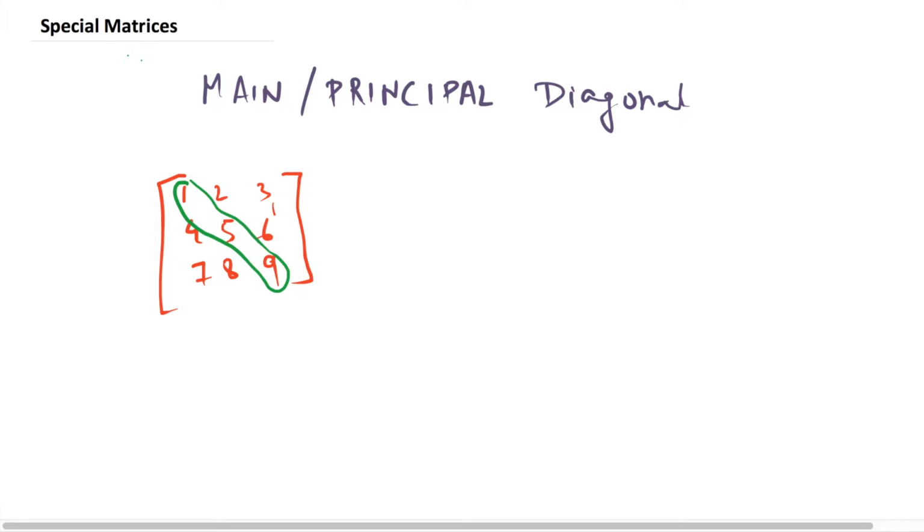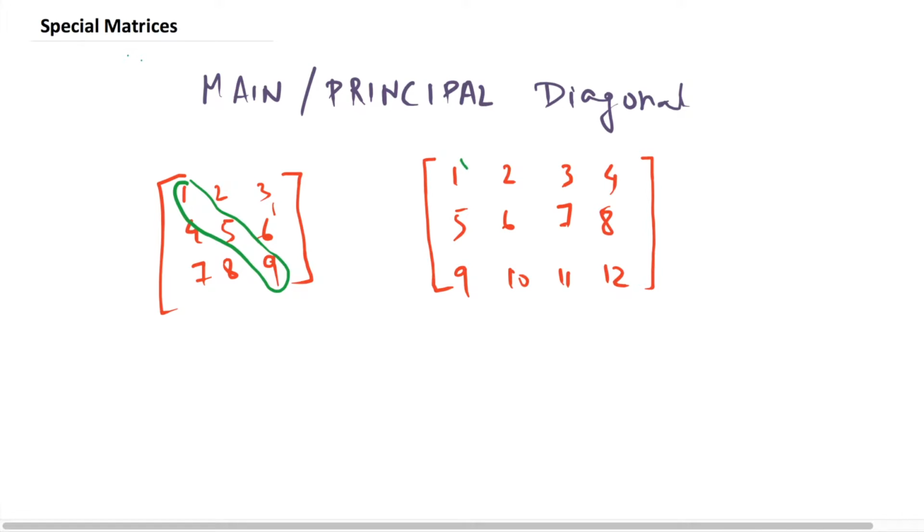Now let's consider a 3 by 4 matrix with the elements 1, 2, 3, 4, 5, 6, 7, 8, 9, 10, 11, and 12. The main diagonal here would be this one, so the main diagonal elements would be 1, 6, and 11.